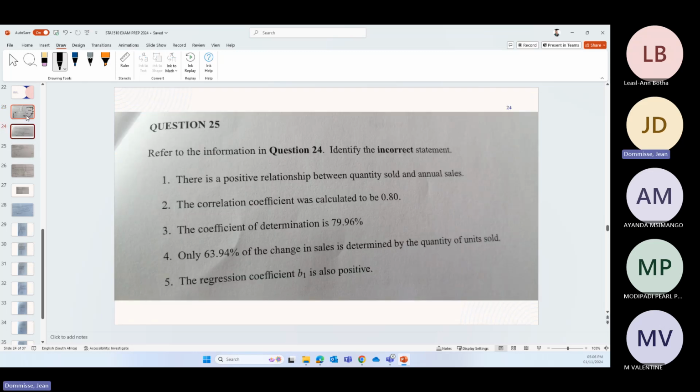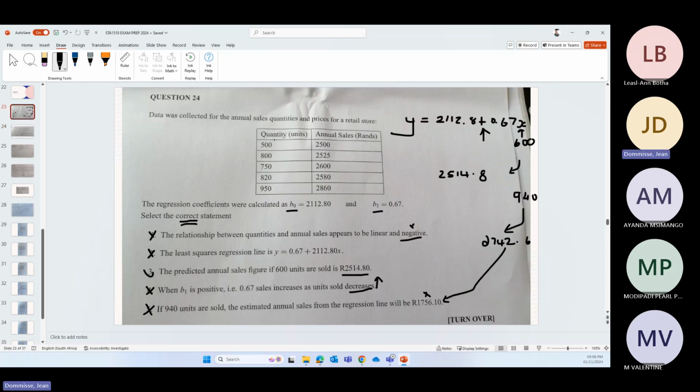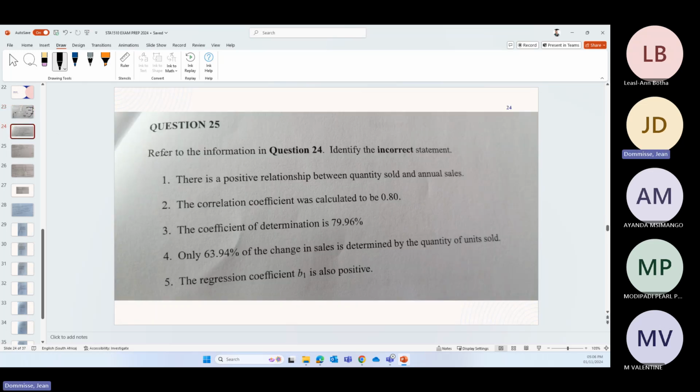Okay, so the next question follows up on that first question 24. So we refer to the question and now identify the incorrect one. There's a positive relationship between quantity sold and annual sales.